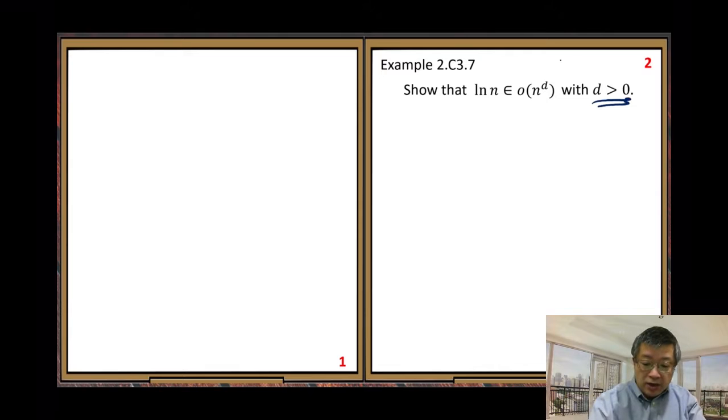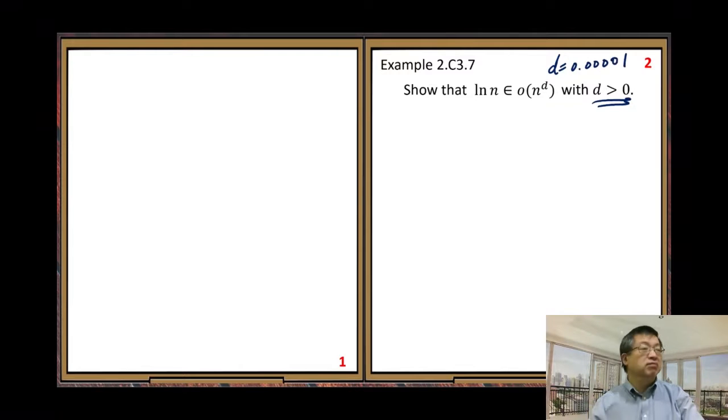Let's consider d equal to 0.000...1, with many zeros. Even that small d, it is still correct. So think about that. All right, let me prove this first.